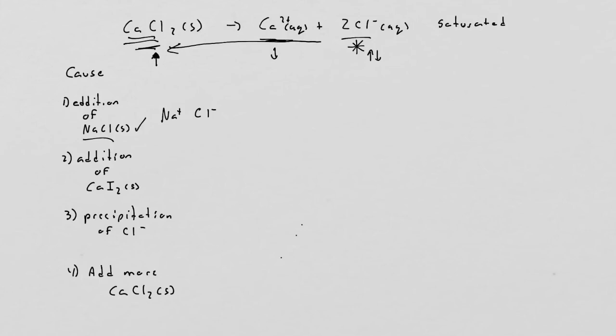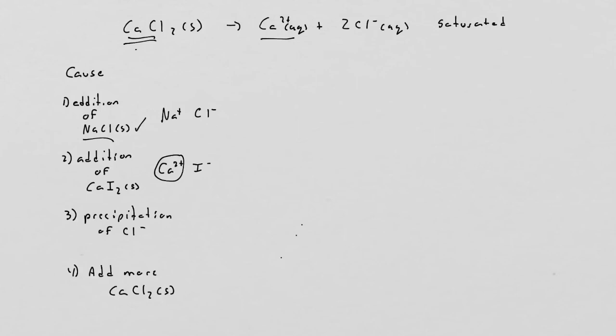And you could do the same thing with the other ions. So instead, I could add calcium iodide, which is my second example. Except this time the common ion is a cation instead of an anion. So I'm adding calcium ions and iodides. The iodides don't have an effect; they're not in the equation, but the calcium ions do, and they'll have the exact same effect.